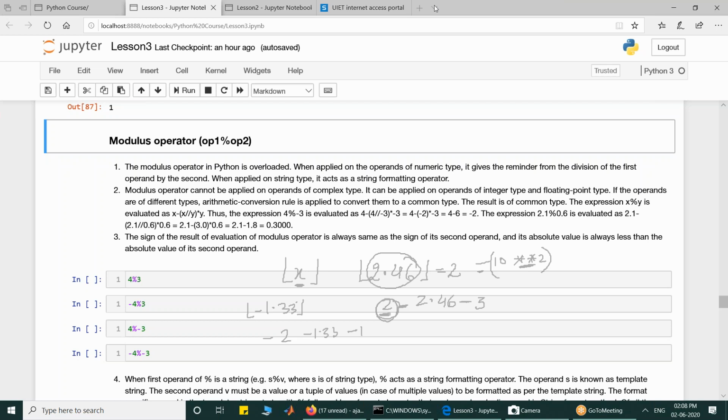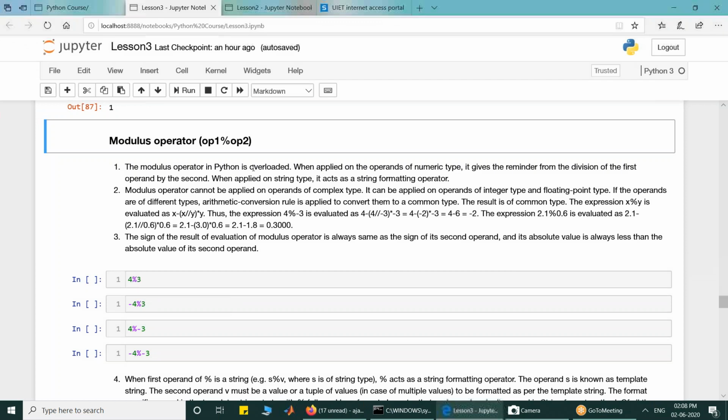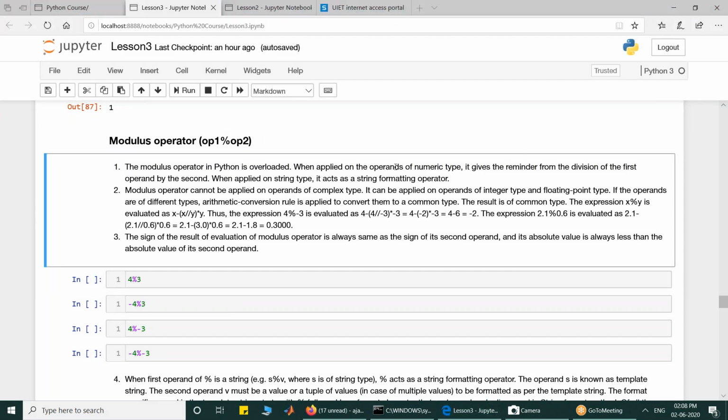Okay, so let's look at the modulus operator now, the percentage sign. The modulus operator is again overloaded in Python. You have seen this operator in C also. When this operator is applied on numeric types, it gives you the remainder.